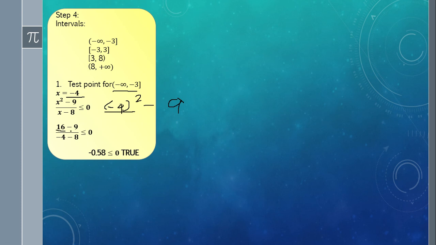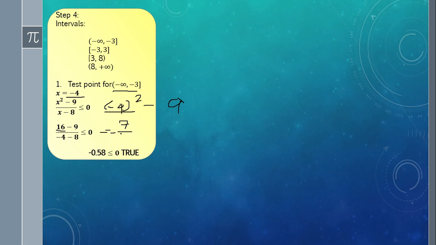So that's the reason we have 16 there, minus 9, over our x, which is negative 4 minus 8. As you simplify that, 16 minus 9 is 7, over that's negative 12.